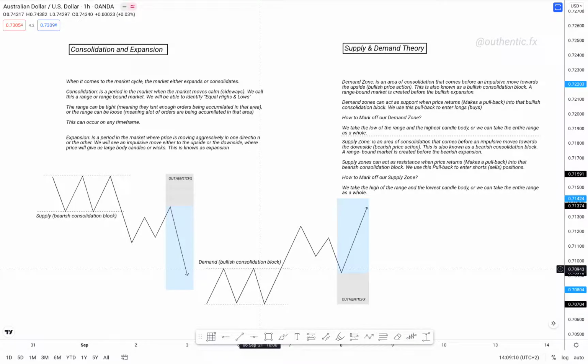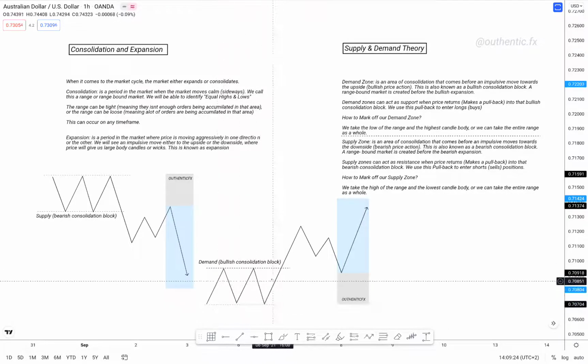So in the market, depending on the trend, remember we have consolidating markets, bullish markets, and bearish markets, which I taught you guys about in the last video of market structure, right? So you'll have a bullish consolidation block over here, which we know as a demand zone, right? So price will consolidate, break out, come back into that demand zone, and then continue expanding, right?